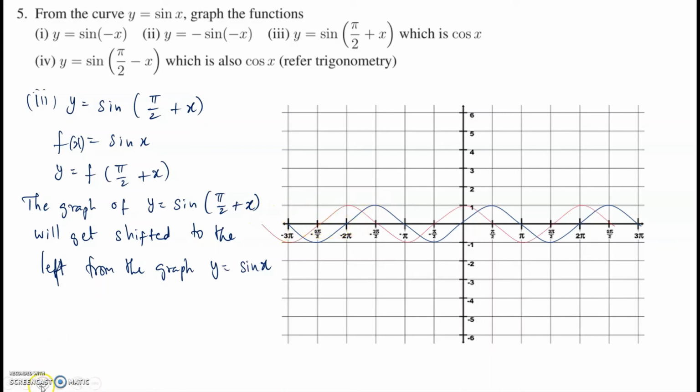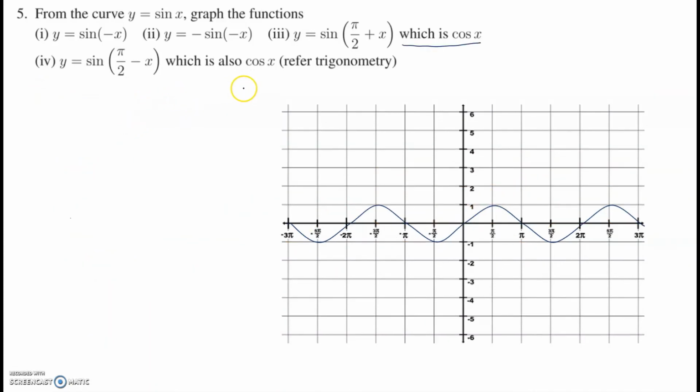So that will be our graph, which is shifted pi by 2 to the left. So that is y is equal to sine pi by 2 plus x, and our original function is the blue curve, which is y is equal to sine x. We just have to also highlight the fact that for question number 3, the function sine pi by 2 plus x is also the cos x function.